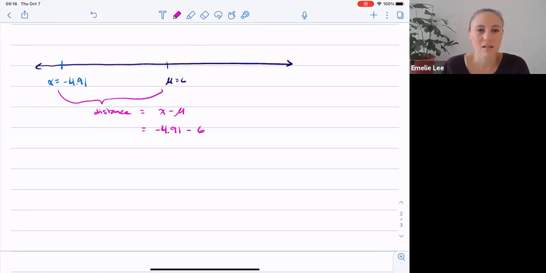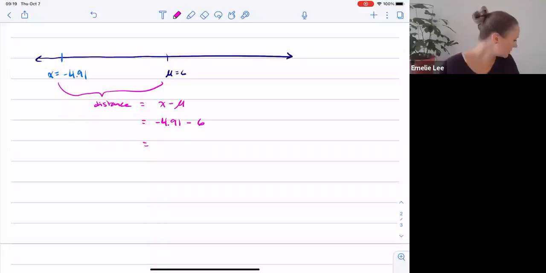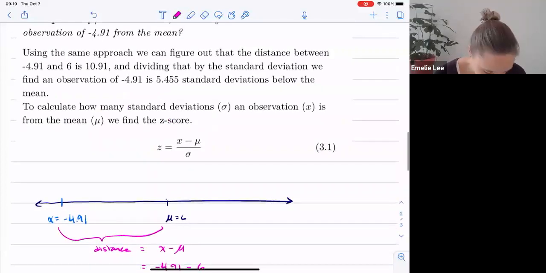I could do mu plus, but then I'm not capturing the fact that it's below, right? And so if I do this, then I get negative 10.91.